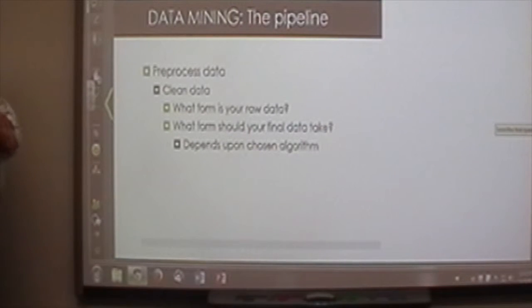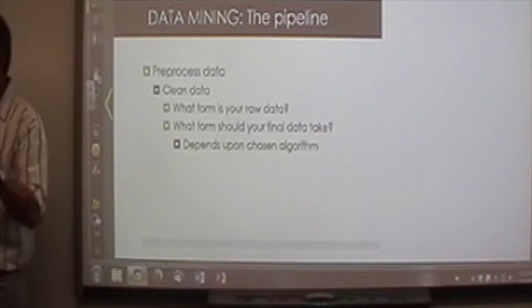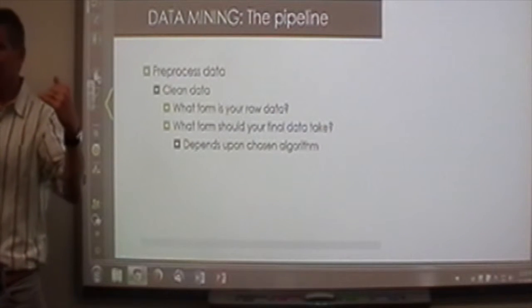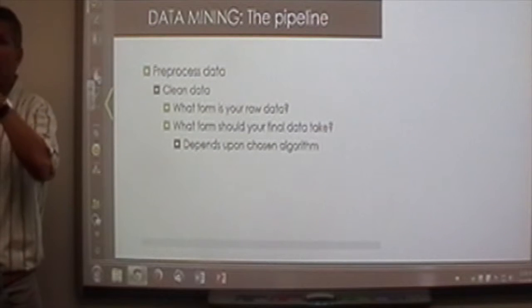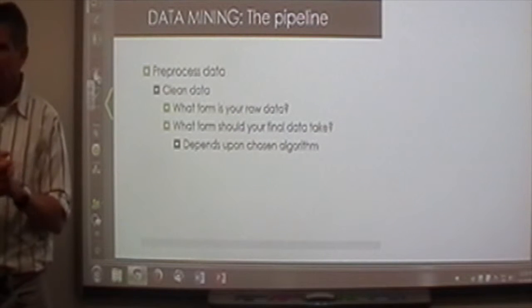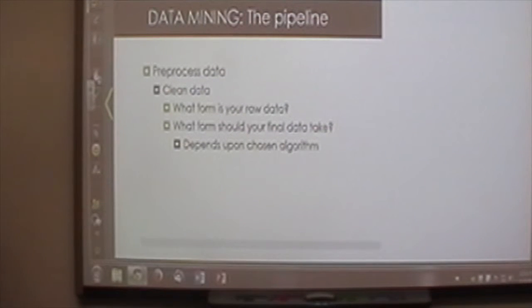So this goes to this whole subject, and I've talked about it in terms of the projects a little bit already. In terms of what form is the raw data, we can look at that towards the end of class with the NIH data as well. And what form should your final data take? That also depends upon the algorithm that you're going to choose for your classification. And we'll talk about algorithm choice in just a couple minutes here.